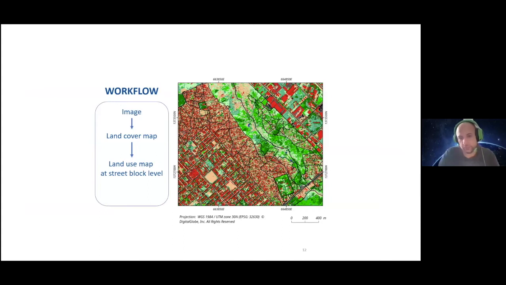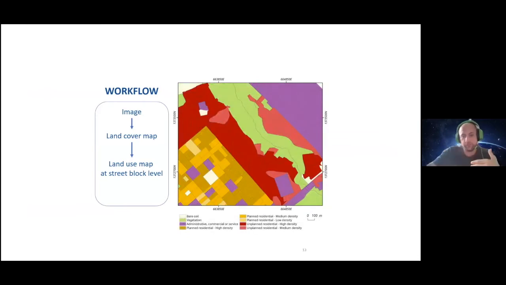Then we combine the OSM street blocks with a land cover, and we can go further into the land use, where we can quickly identify where we have informal neighborhoods and where we have formal ones, and their density. In terms of morphology of urban characteristics, they are very different from each other when it comes to density, the distribution of the different patterns, their height, their elevation, their vegetation patterns.